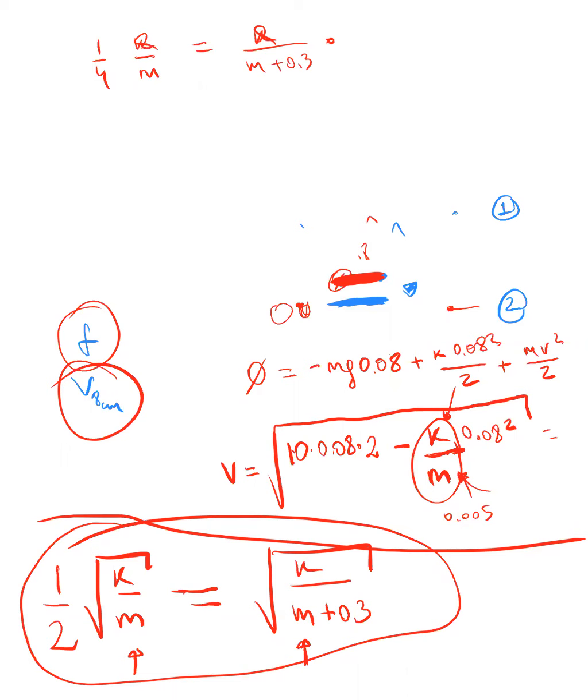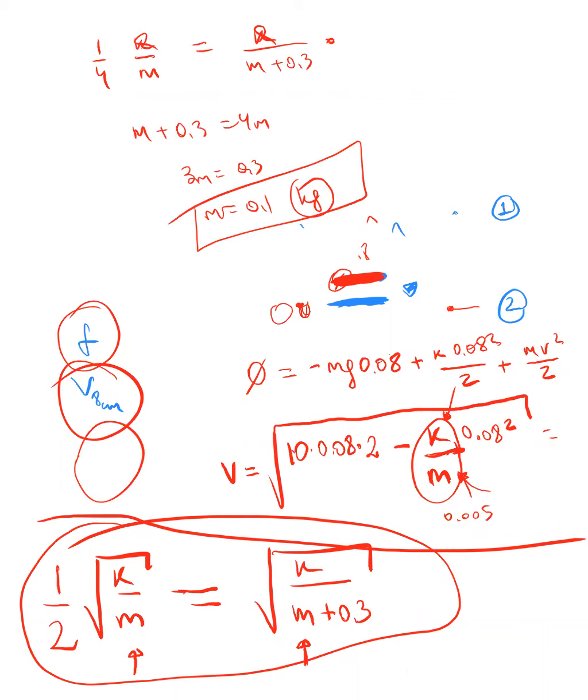I can write this equation as m plus 0.3 is equal to 4m. 3m is equal to 0.3, m is equal to 0.1. Well, what do you know? Turns out the original mass that was hanging on the spring was equal to 0.1 kilos. And that solves part C of our problem.